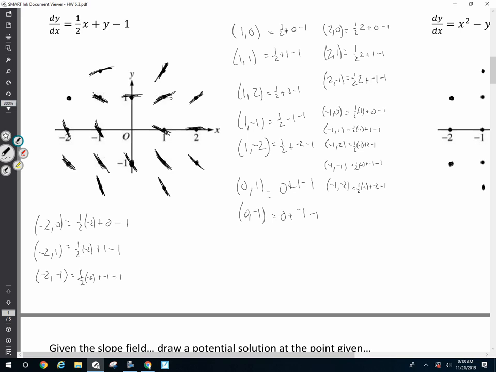Negative 3. 1, 2, 3. Oh, I messed up. This should go here. Negative 3. So 1, 2, 3 over 1, maybe up there. Aim for that.